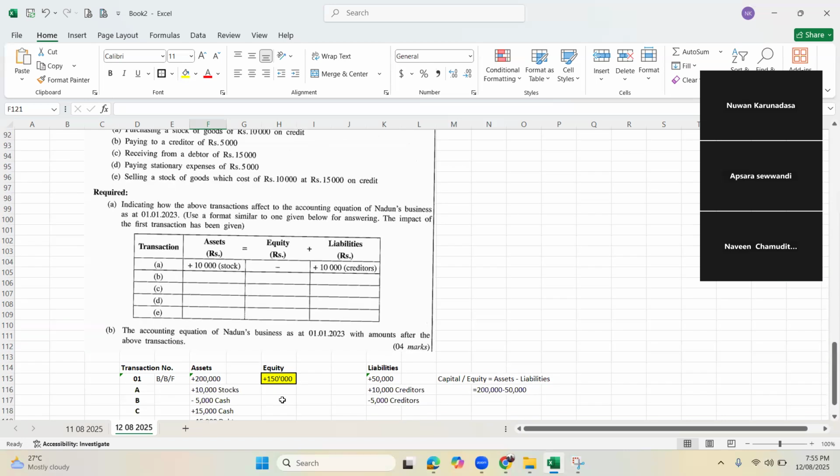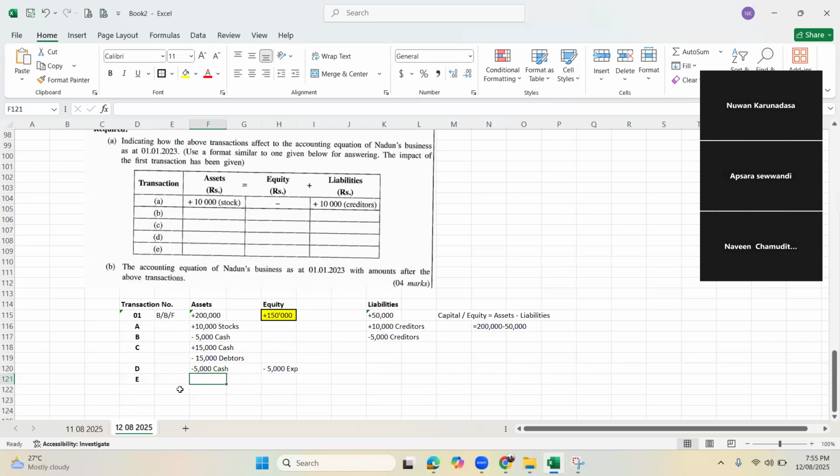What is the impact? Asset increase. It is not a cash sale.